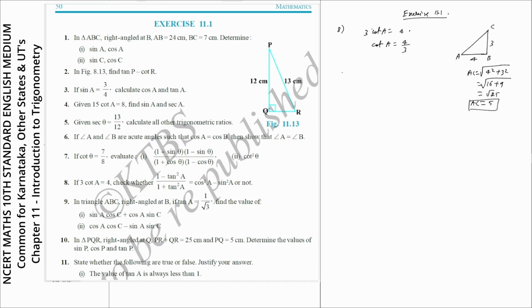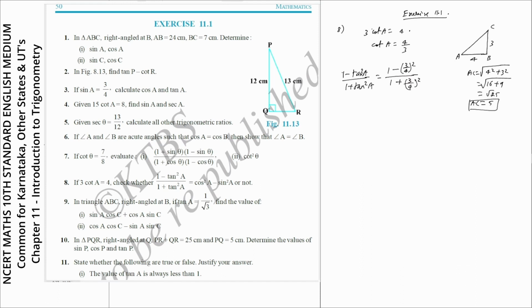So I should check 1 minus tan square A by 1 plus tan square A. What is the value of this one? Tan is opposite by adjacent, that is 3 by 4. So 1 minus 3 by 4 the whole square, divided by 1 plus 3 by 4 the whole square.